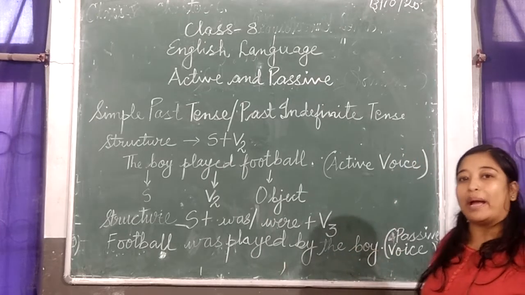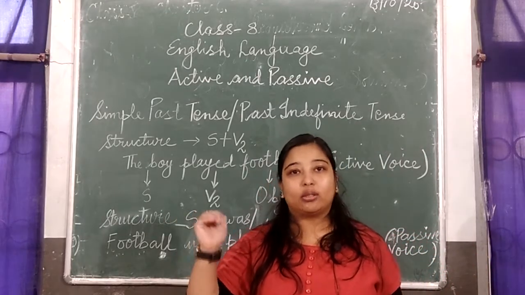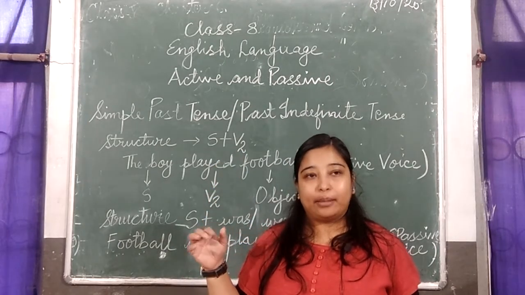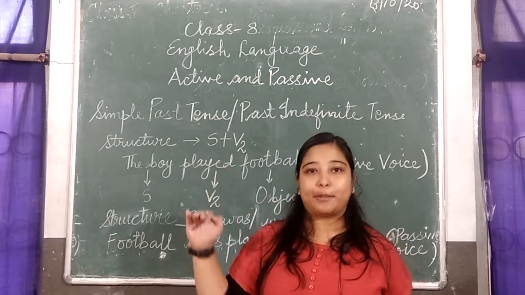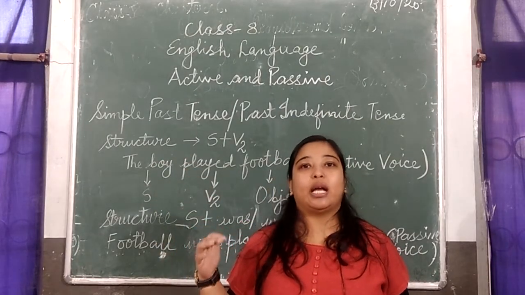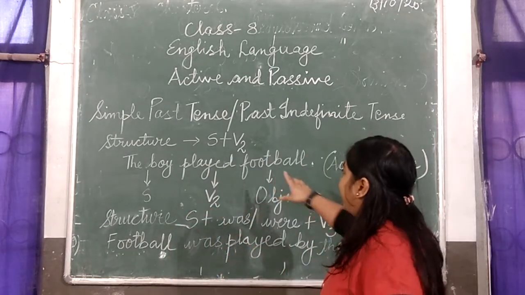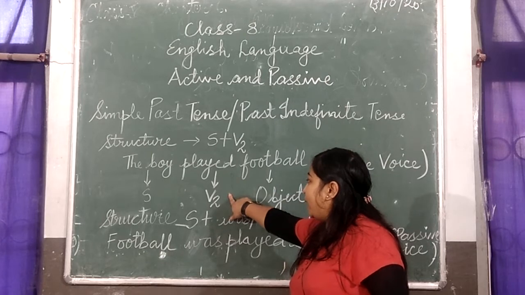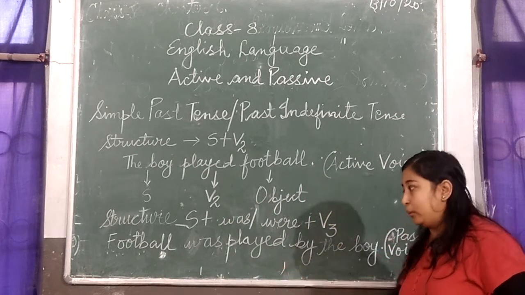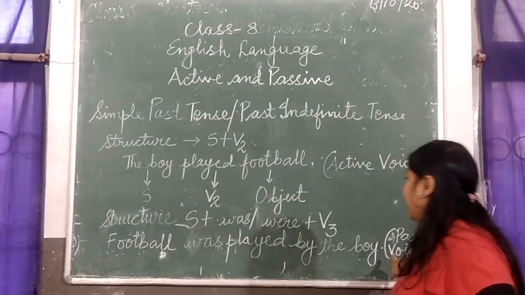At times the V2 and the V3 forms of the verbs are the same, like call, called and called. Play, played and played. But at times in irregular verbs, the past and the past participle forms are different, like write, wrote and written. Over here, the V2 form of play is played, and V3 form of play is also played. So, football was played by the boy.